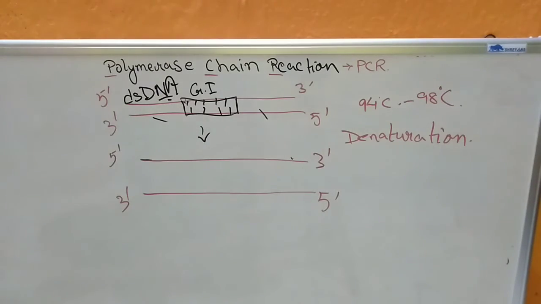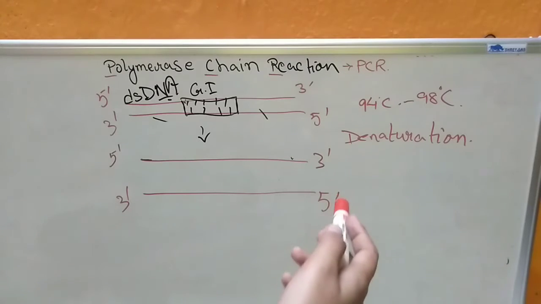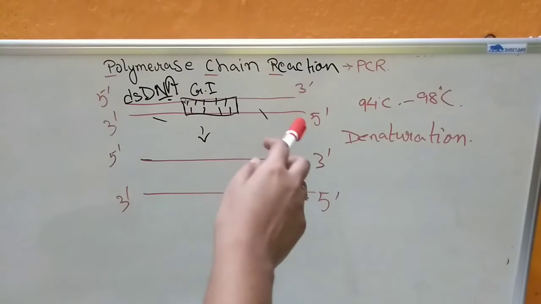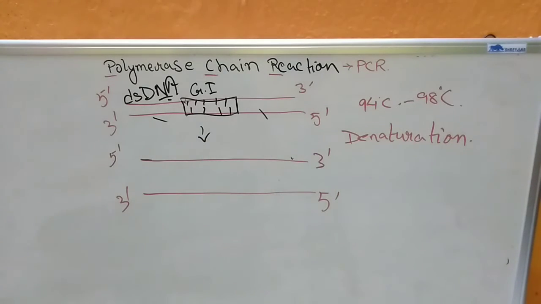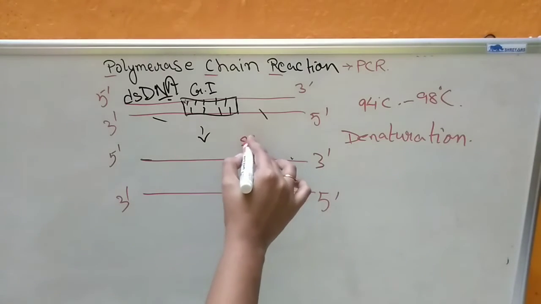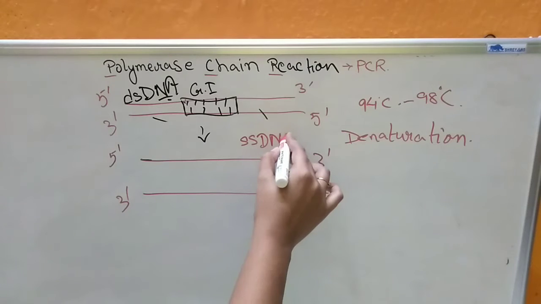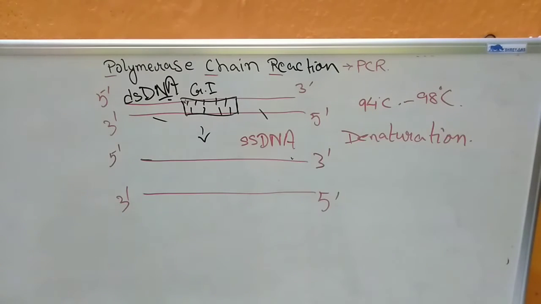When the double-stranded DNA molecules are subjected to this high temperature, the double helical structure tends to separate, and as a result we get the single-stranded DNA structure.